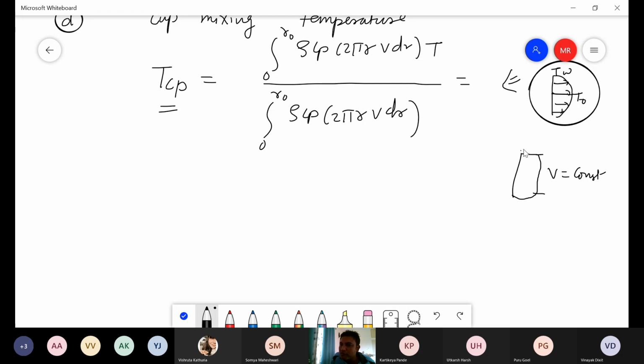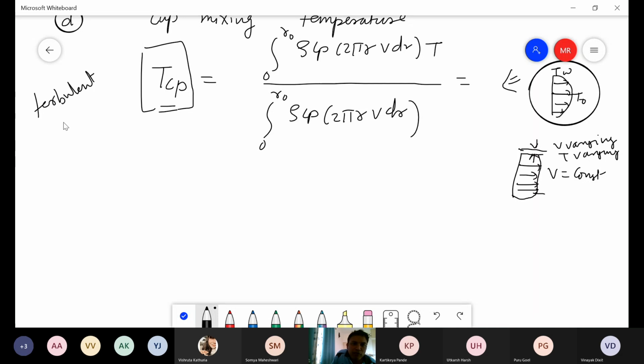Only in a very small region is V varying as well as T. So this concept of cup mixing temperature becomes important in turbulent flow, but here we are just calculating for the sake of calculating. We are not using it later on.